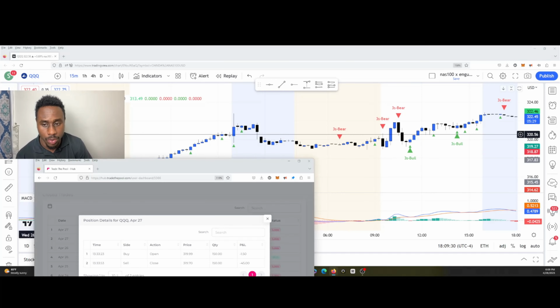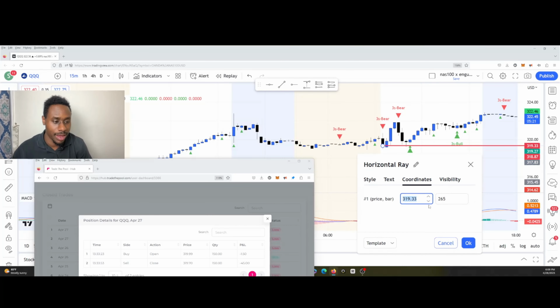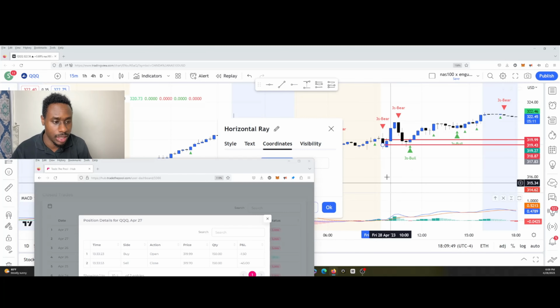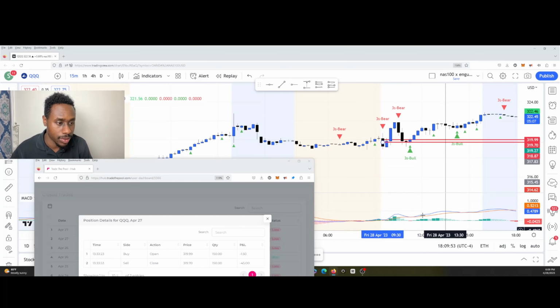So the first trade was at 9:30 to the buy side, and that was a bearish candle right off the bat. That was a heartbreak, bro. Right? So this was a bearish candle, and I got stopped out within a few seconds at 13.19 and 13.70, or I manually closed it, whichever one.